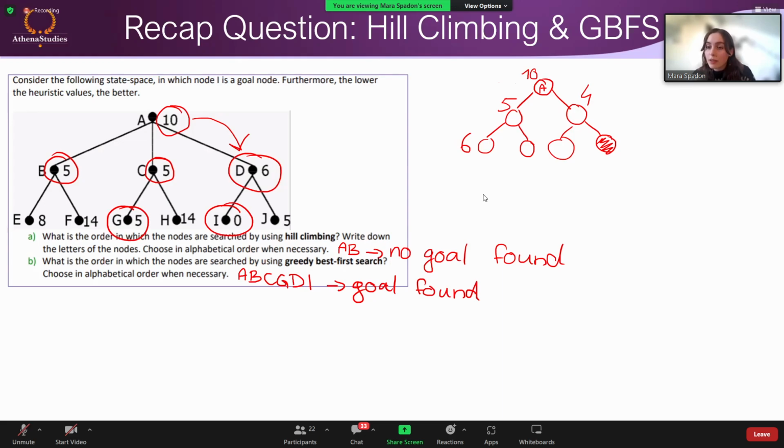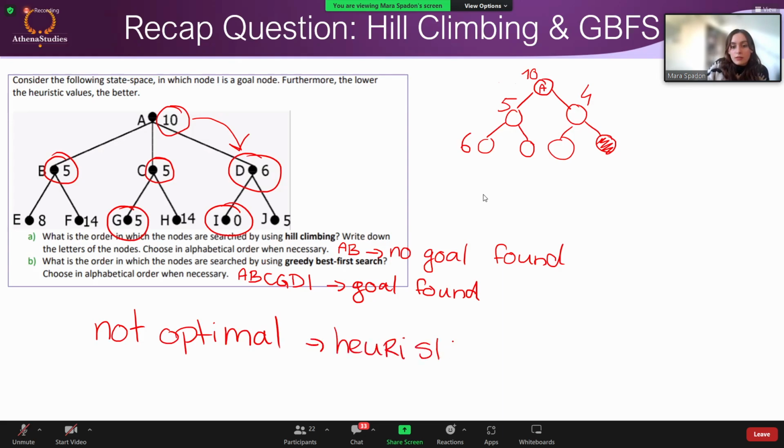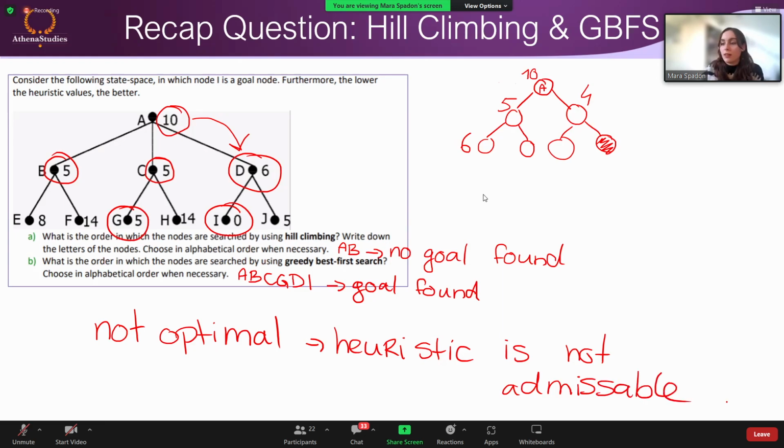For hill climbing and greedy best first search, they are not optimal because their heuristic is not admissible, meaning that it could take a path that is not the optimal path. It could take a back route and then come back and then maybe find the goal.